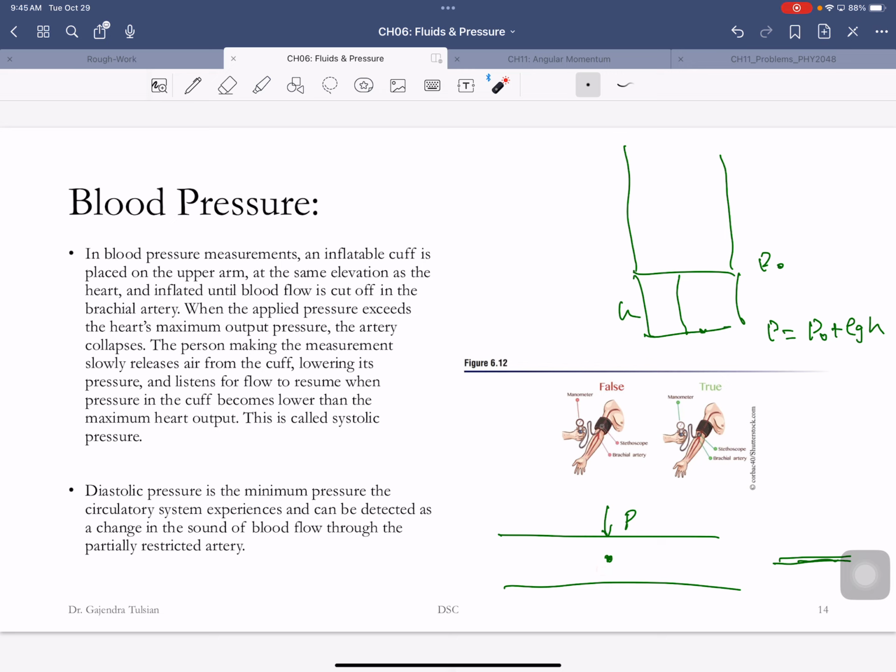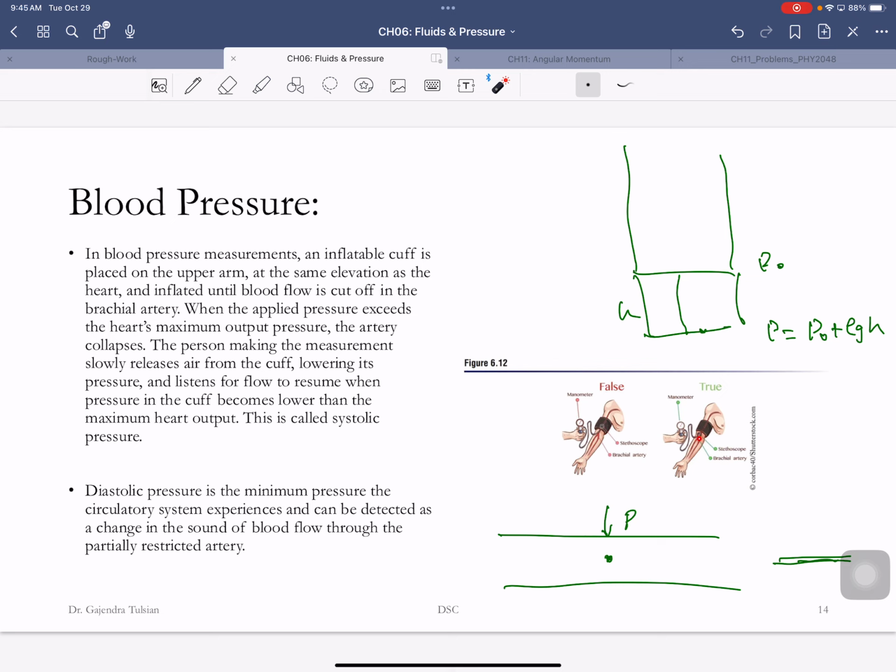Okay. And so again, the cuff is at the same level as the heart. You apply a pressure on the cuff and make the blood vessel collapse, and once the blood vessel collapses, all the blood flow is stopped. That's what you're doing with the stethoscope, monitoring the flow of blood.